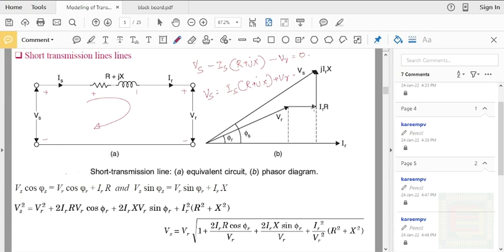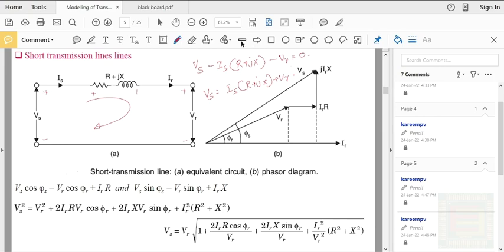So Vr plus IR into capital R, that is the resistive drop, and this is the drop due to the reactance. It will be leading by an angle. This is the voltage drop across the reactance, so it will be leading with respect to IR by an angle of 90 degrees. That is why it is shown like this.